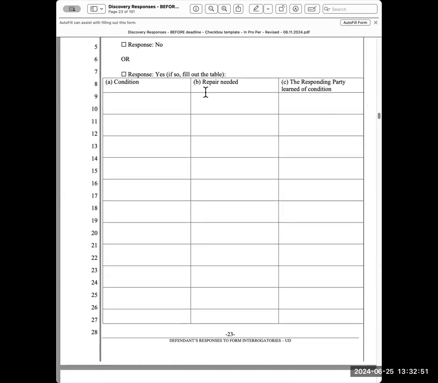And if you have a pay rent or quit case, habitability is a leading defense against the amount the landlord is alleging you owe.